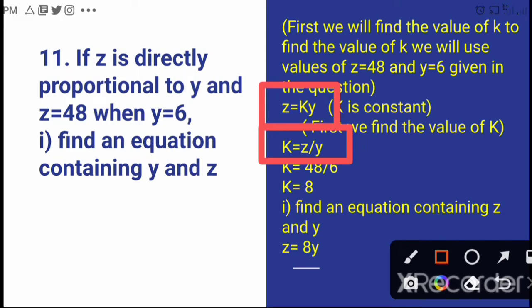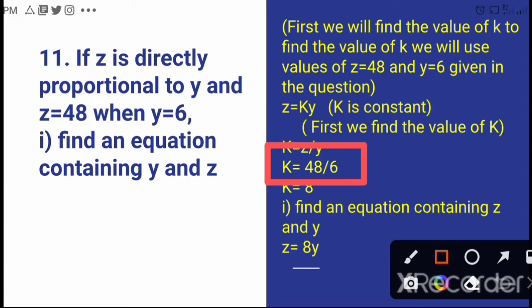Now we will just put the values of z and y. We will get k is equal to 48 upon 6. By dividing 48 by 6, we will get the value of k, which is 8.